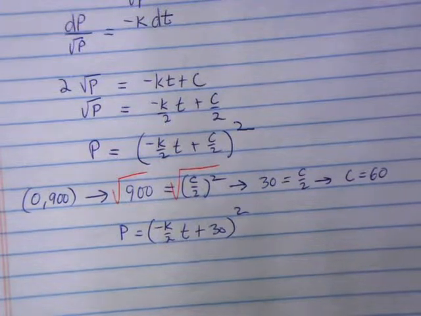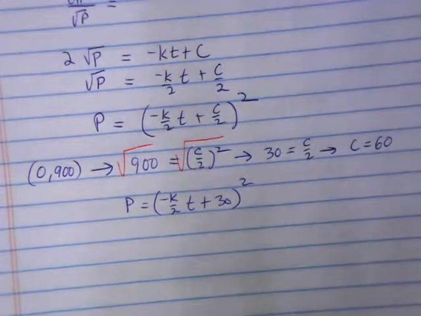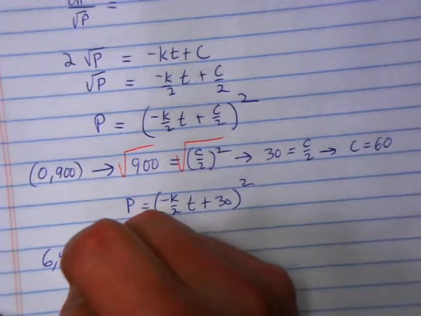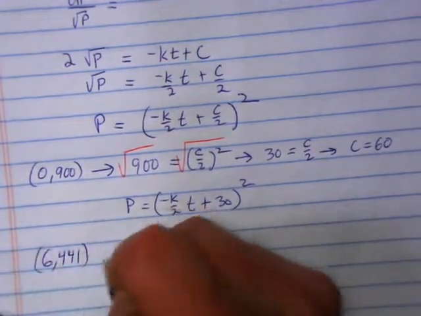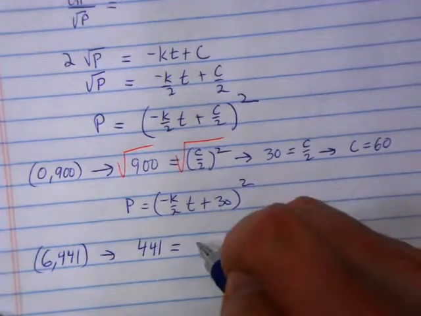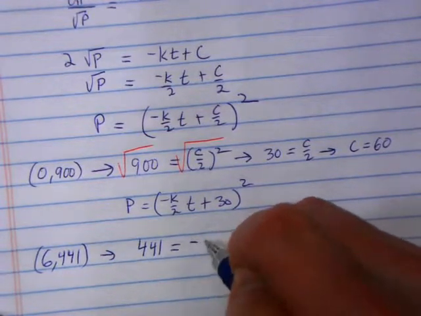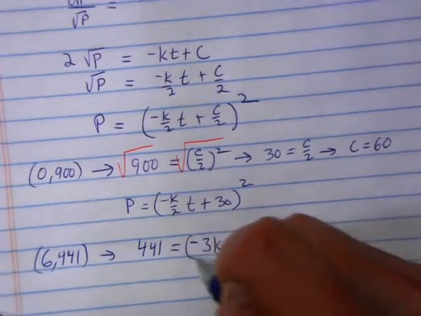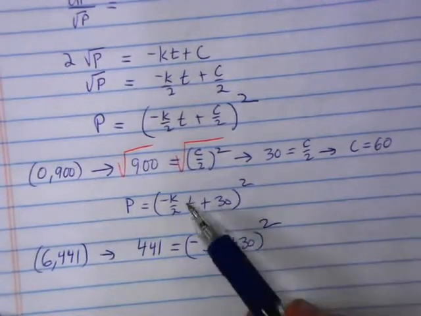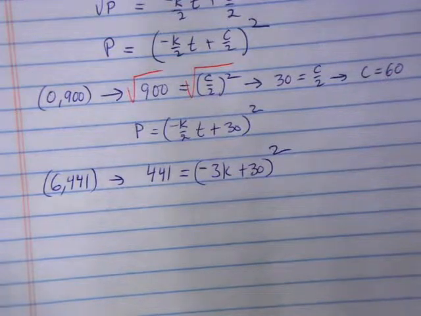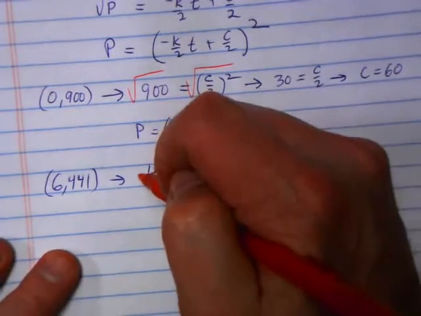Okay, now we plug in our other initial condition. That's 6, 441. That gives me 441 equals minus 3k plus 30, squared, because when I plug in, 6 over 2 is 3. Square root on both sides there.